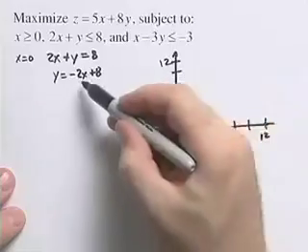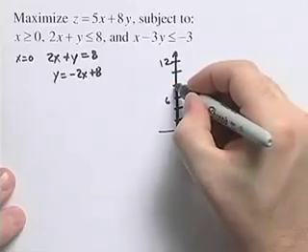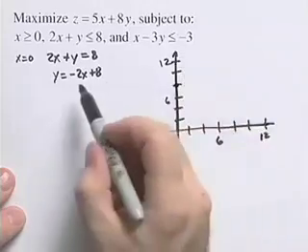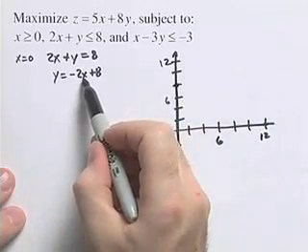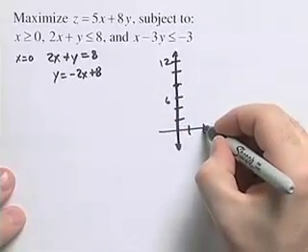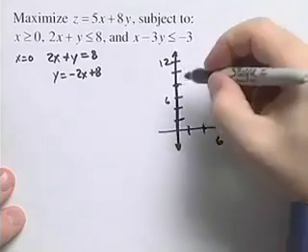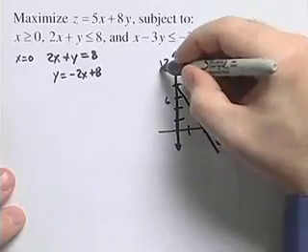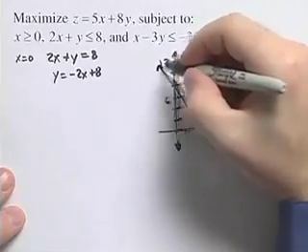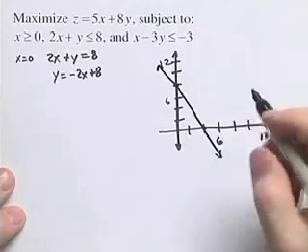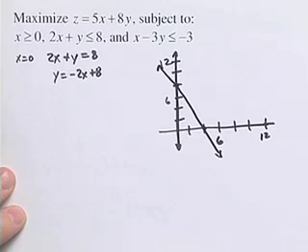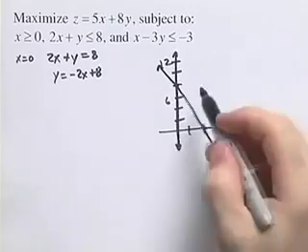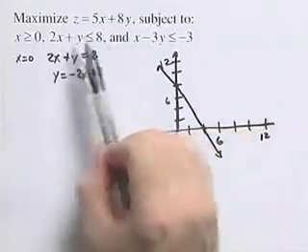Pick a couple of points. If we let x equal 0, we'll get y is equal to 8. If we let x equal to 4, y will equal 0. Connect those 2 points. And we're going to need to shade the half plane that satisfies this inequality.